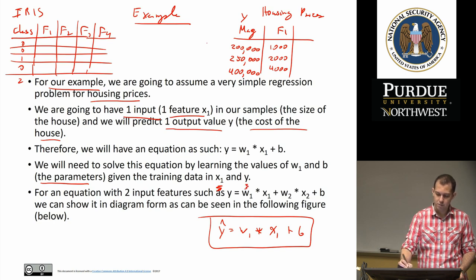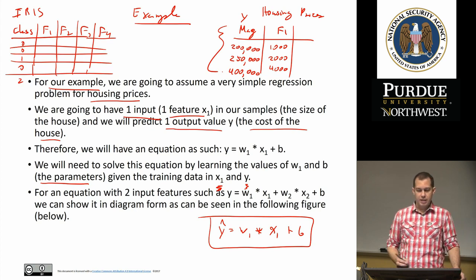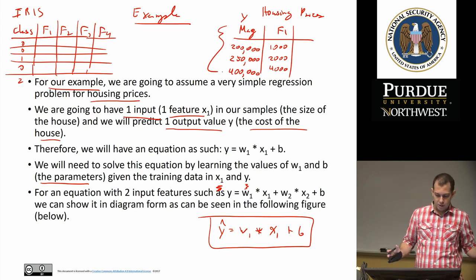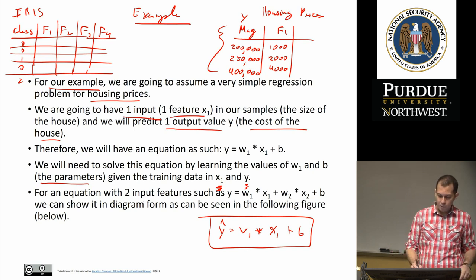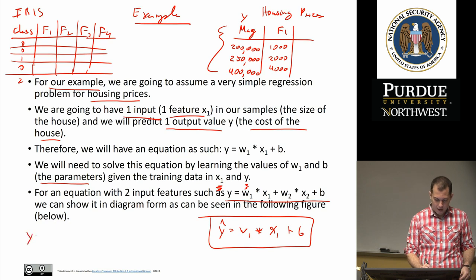Now let's imagine, just to clarify it a little bit more, an equation with two input features, such as this one, right? So for an equation like that, y equals w1 times x1 plus w2 times x2 plus bias.